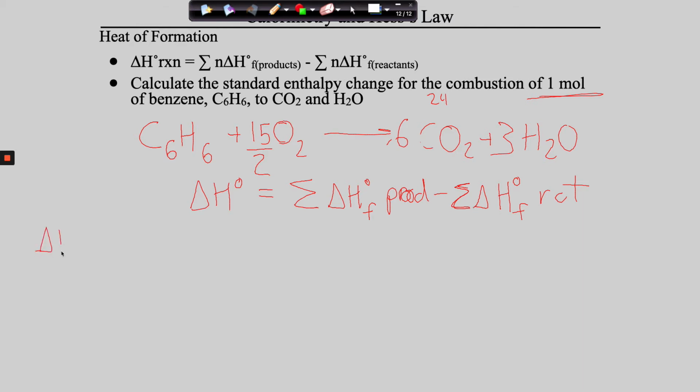So we're going to go all the way to the left. Delta H is equal to the sum of the heat of formation. So that would be the heat of formation naught of CO2 times 6 plus 3 times the heat of formation of water minus the sum of the heats of formation of the reactants.